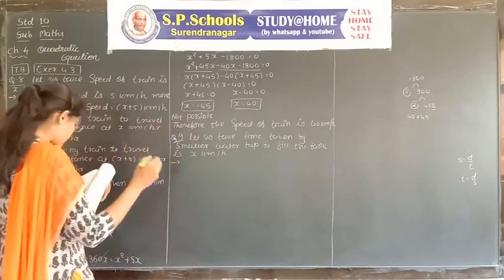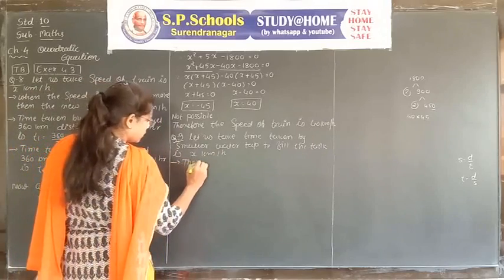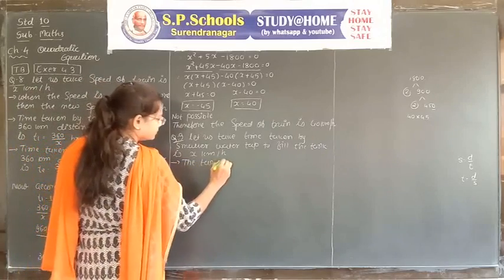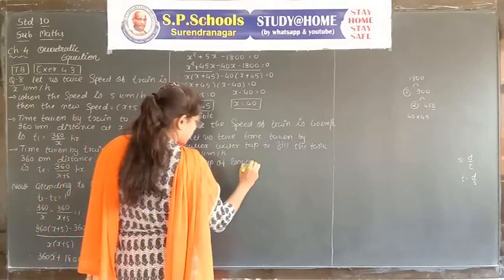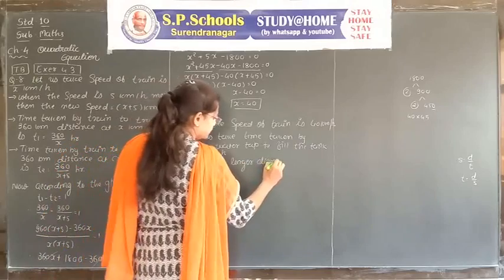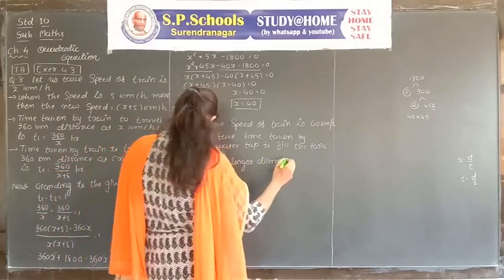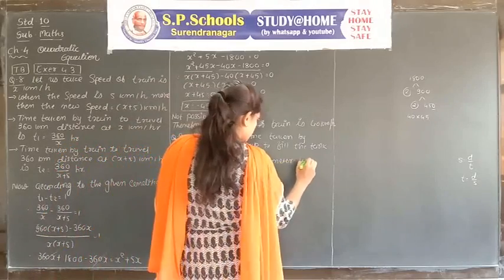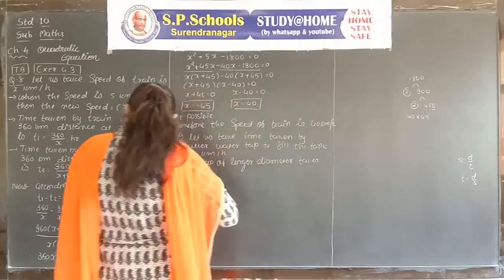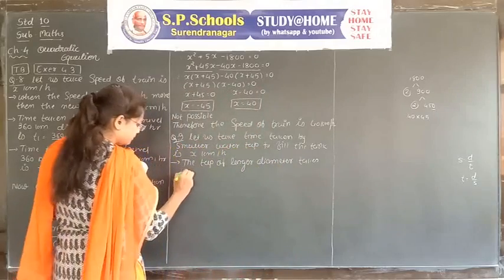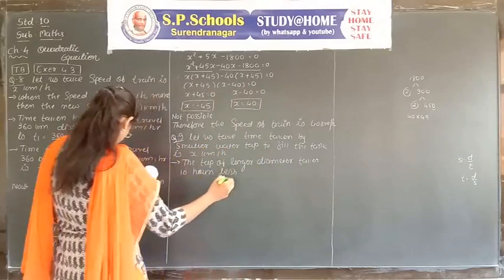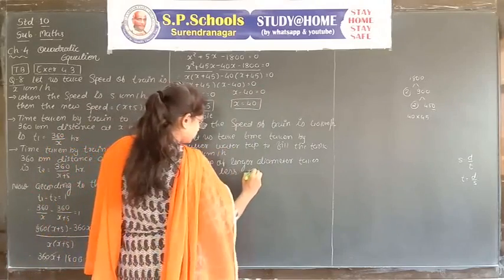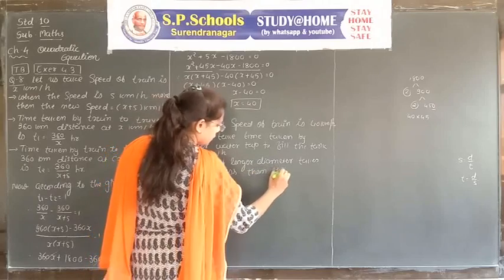Now according to the second sentence, the tap of larger diameter takes 10 hours less than the smaller one.